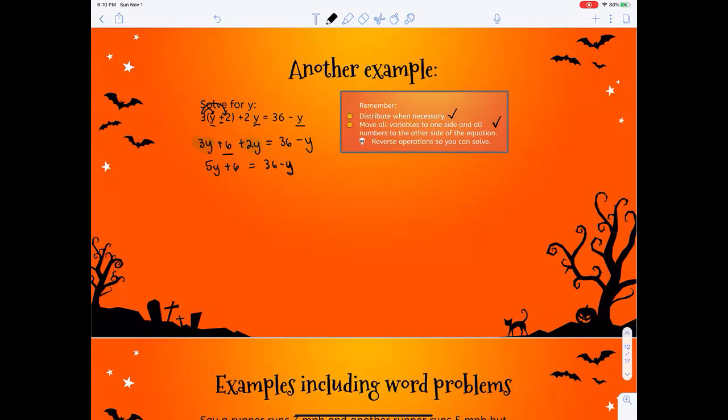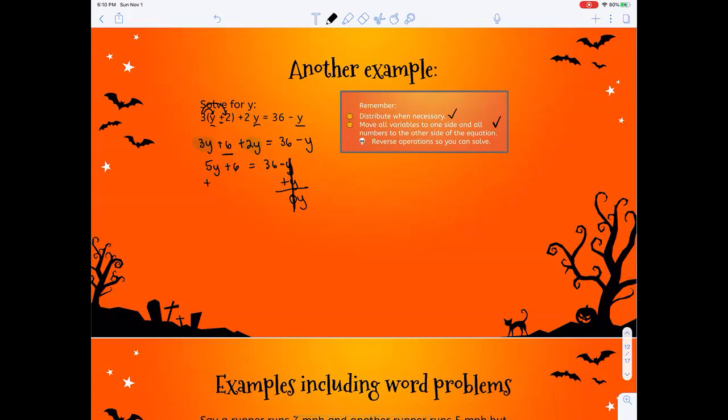So now I have 5y plus 6 equals 36 minus y. I could get rid of this minus y on the right side if I add a y. So plus y, again, that's the opposite operation. A negative y and a positive y equals 0y, so this cancels out.